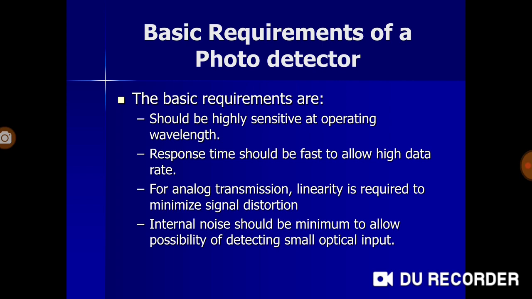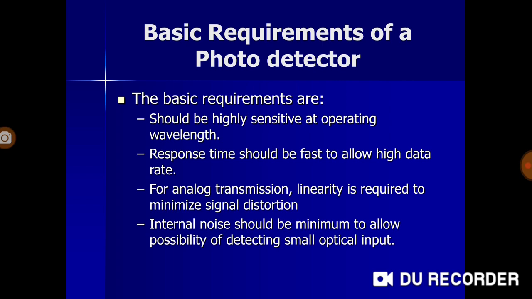It should be fast enough. If it is not fast, then we have to wait for that period before the next signal can be converted, which only allows lower data rates. If the response time is fast, as soon as the photon is incident, the corresponding current is there, so faster communication is possible, that is, higher data rates. The next requirement is that for analog transmission, linearity is required to minimize signal distortion.